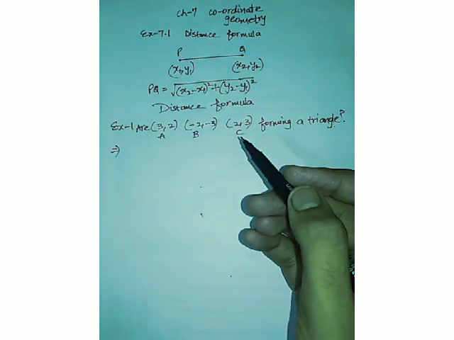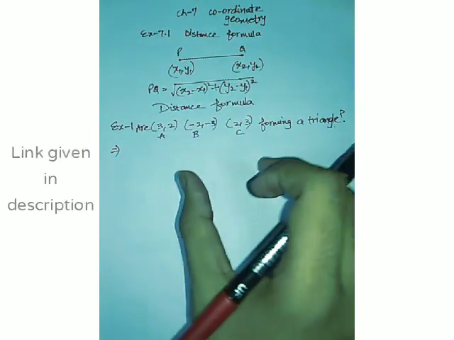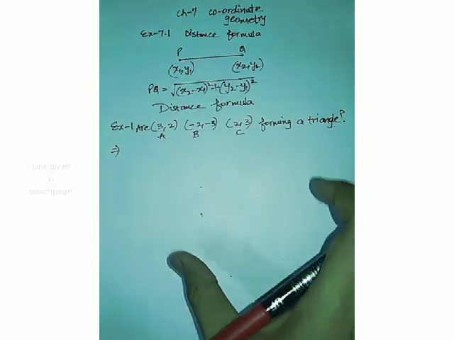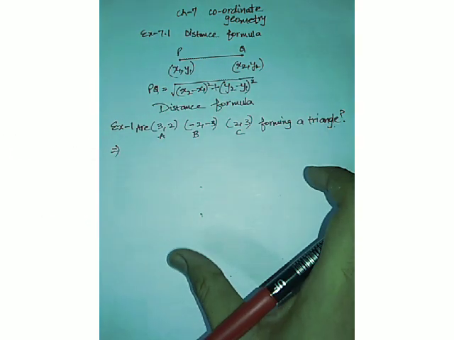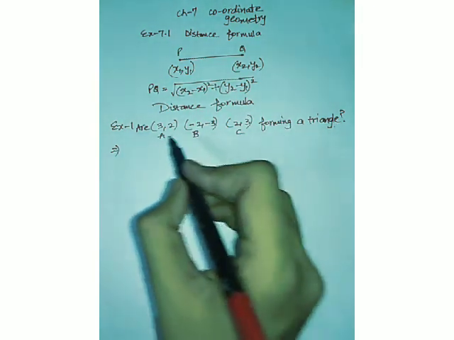Now how will we find it? It's completely understood that if the sum of any two sides of a triangle is greater than the third, then the points can form a triangle. Okay, it's a basic rule. So we will apply the same principle and verify the same as well.